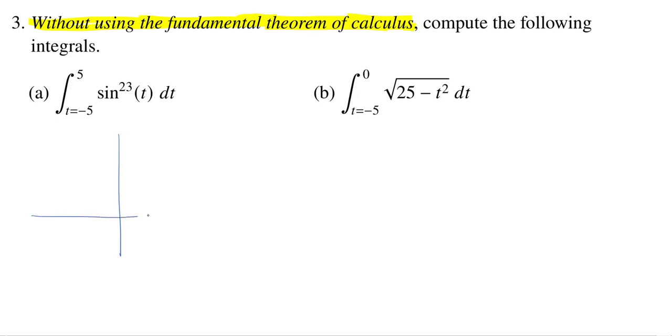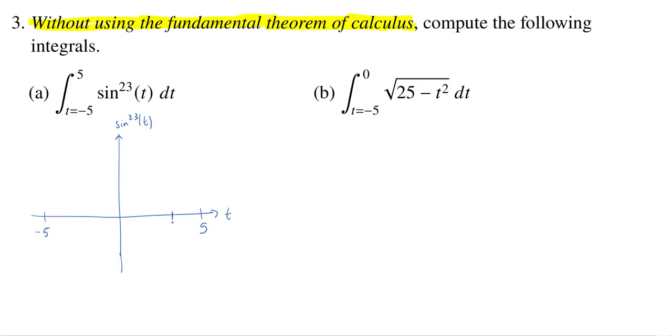So I don't know exactly what the graph for sine to the 23rd power looks like, but I do know that the domain is symmetric across the vertical axis. So it might behoove me to ask, is there some relationship between the values of this function, sine to the 23rd, on the right of the vertical axis and the left of the vertical axis?